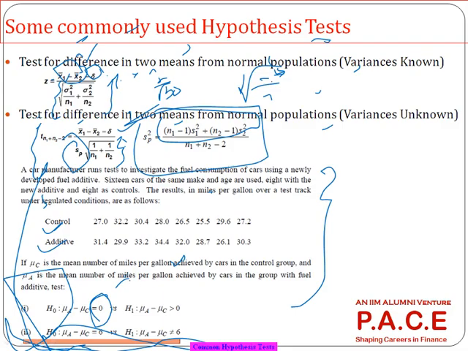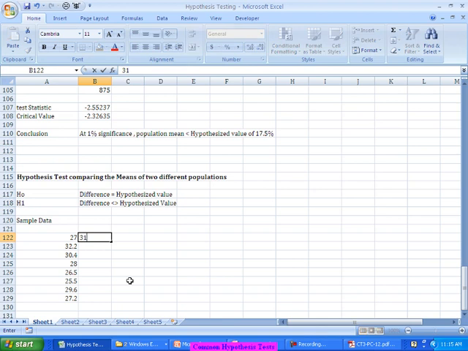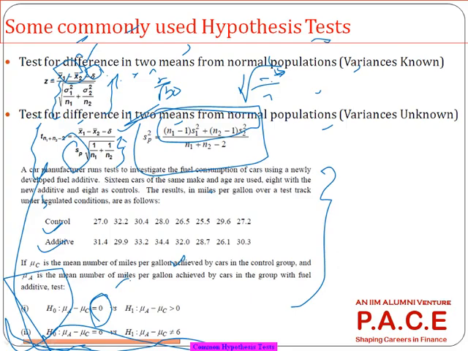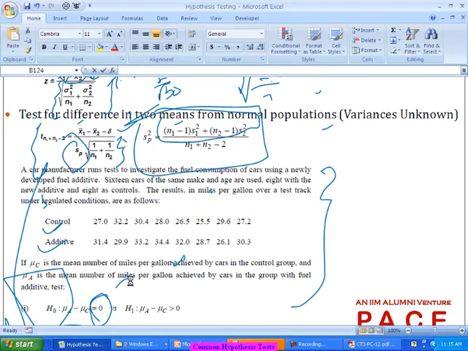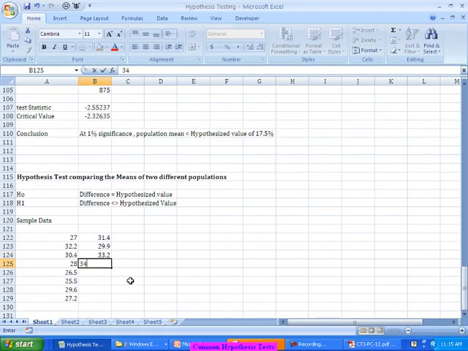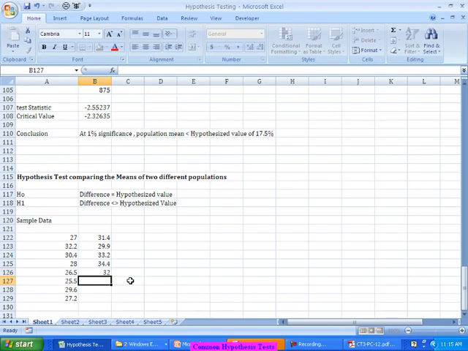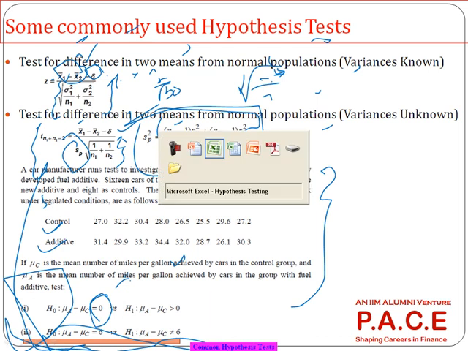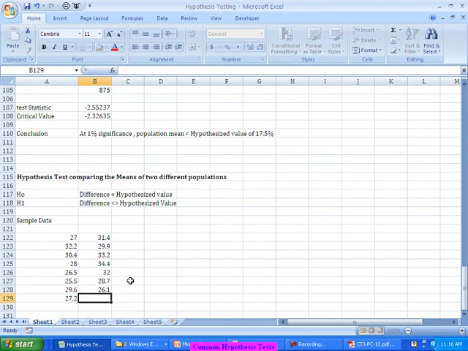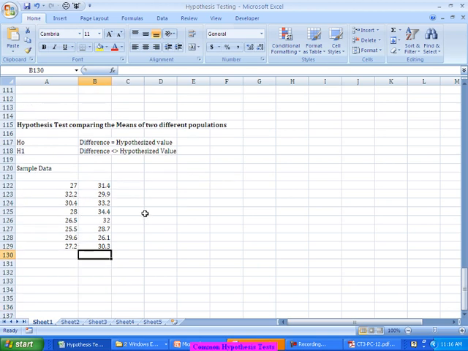Going to second set. So these are the two sets of data that we are more interested in.